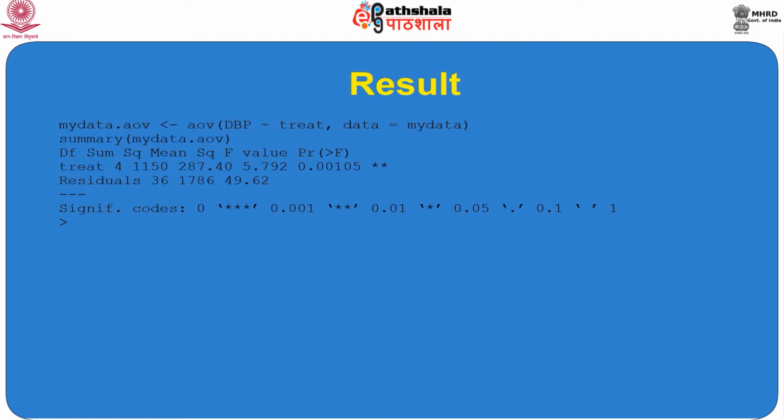But here we are going for a simple procedure where we have only one time observation, that is diastolic blood pressure taken after the follow-up study, and we have more than one treatment to compare.